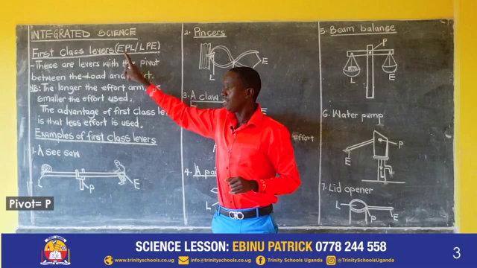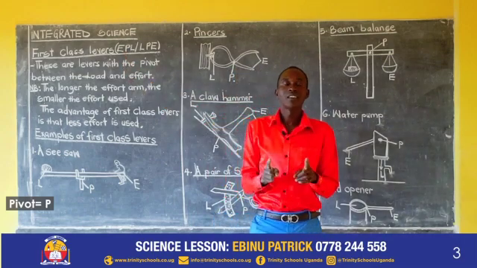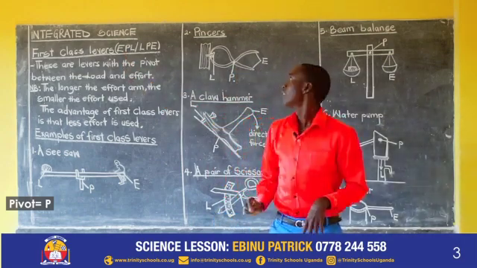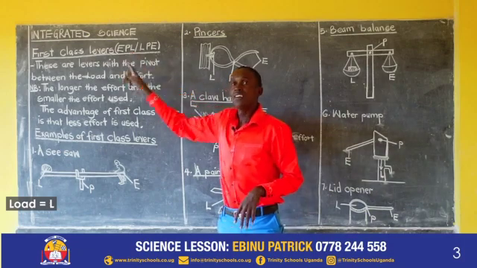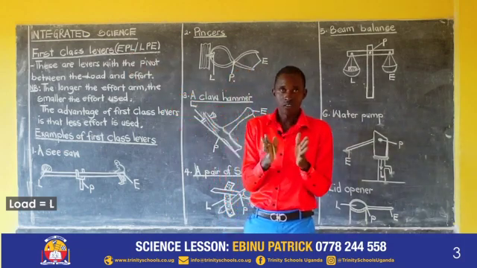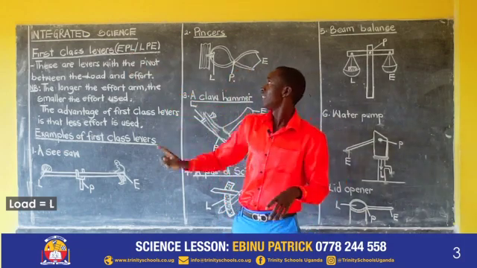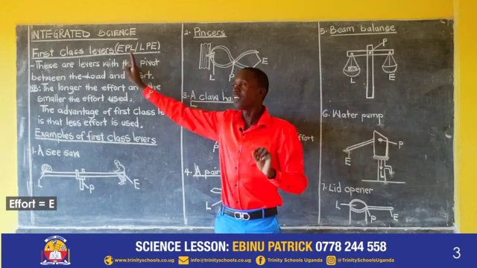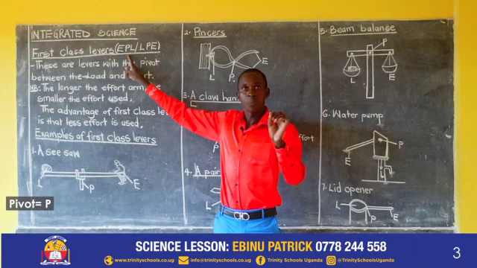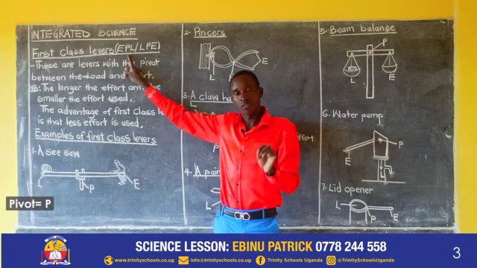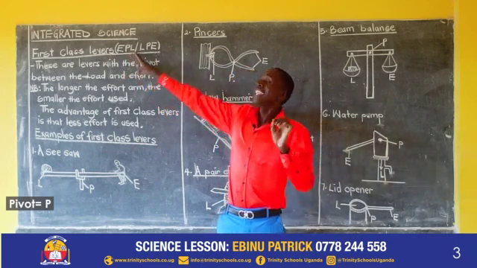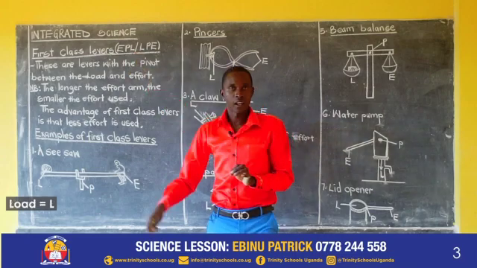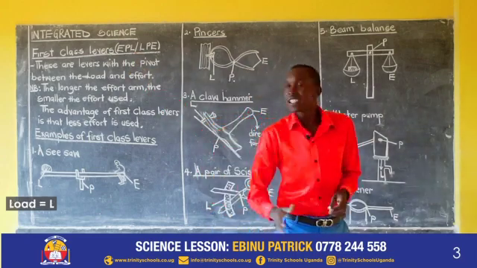I repeat this: letter E represents the effort, letter P represents the pivot or fulcrum, and letter L represents the load. That is how we got this.